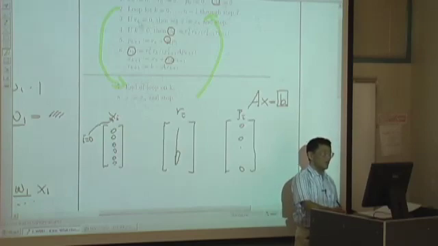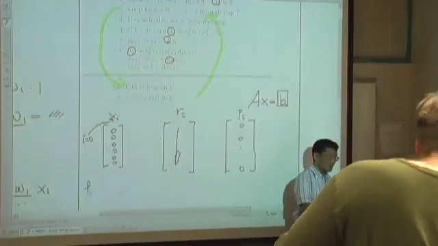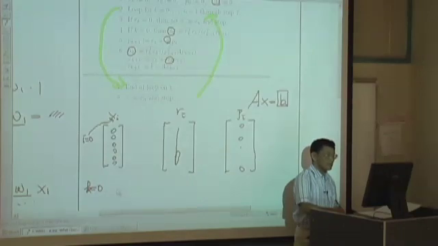Then what things should be done? First of all, k is the running variable, right? k equal to 0 gives us r0, so assume that.